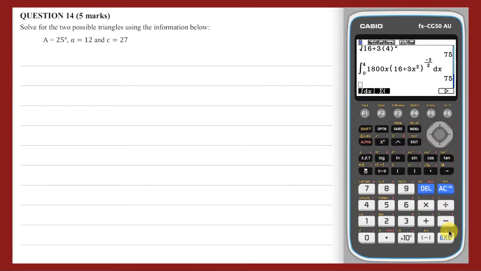This question refers to two possible triangles with the information given. These triangles could look something like this. The mathematics around finding the unknown side and angles for these two cases is sometimes known as the ambiguous case of the sine rule.